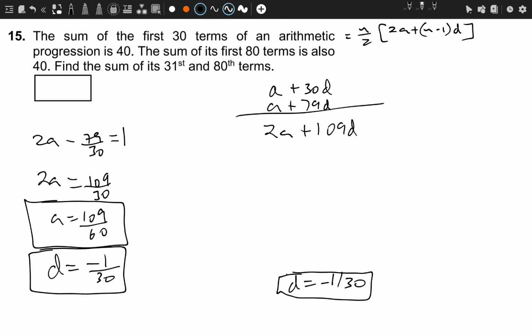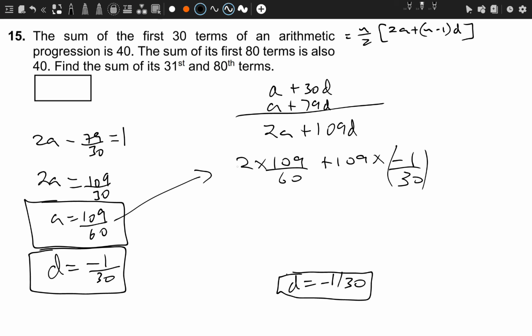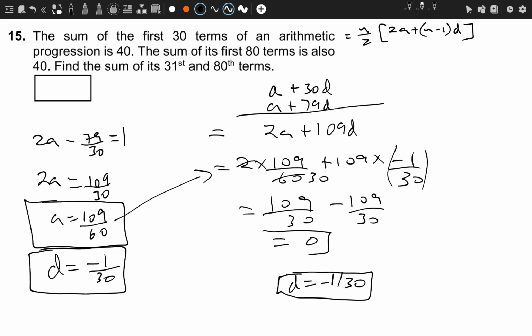Okay, so let us put in the values. 2 into 109 divided by 60, we got 109 from here, plus 109 into minus 1 by 30. So this becomes 109 by 30 minus 109 divided by 30. So our answer is nothing but 0.